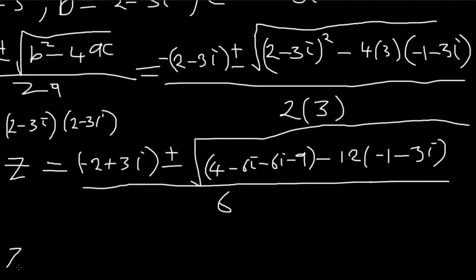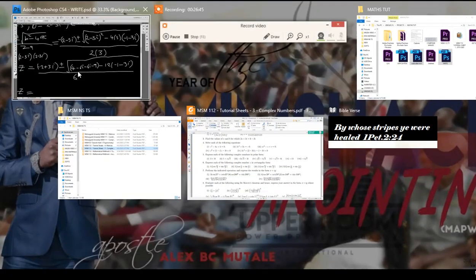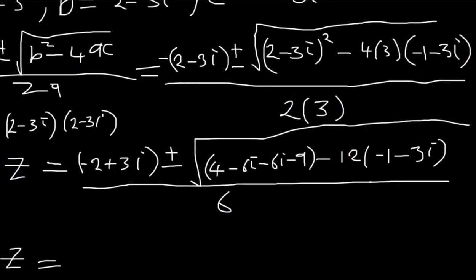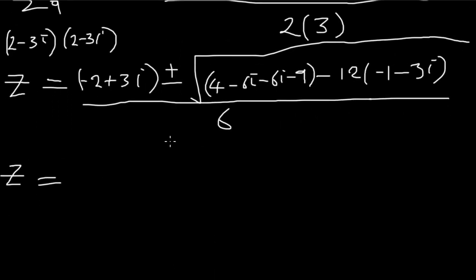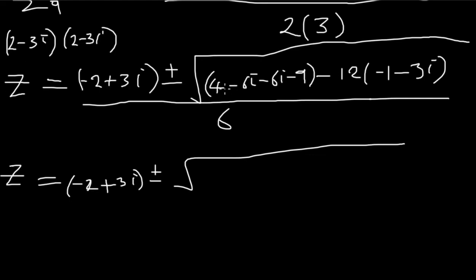We write our z again here. So our z is going to be, sorry for that, we write that negative 2 plus 3i plus or minus the square root of, so 4 minus 9, 4 negative 9, you get negative 5.